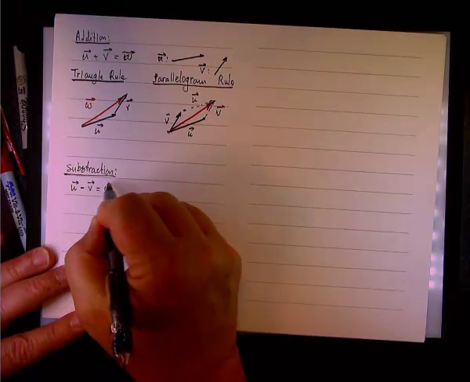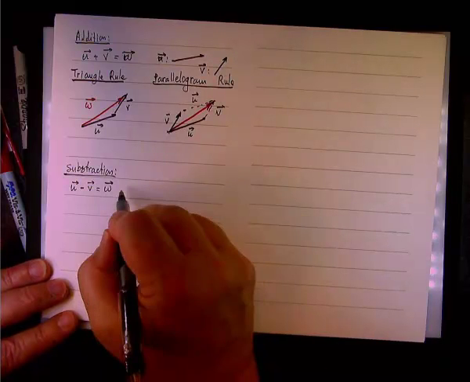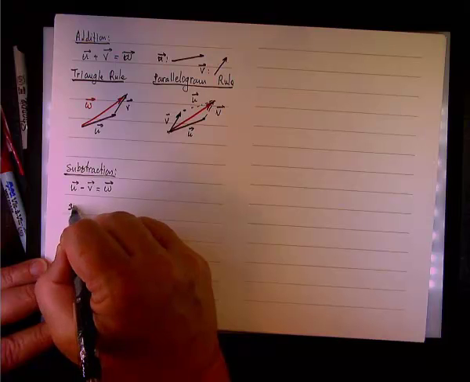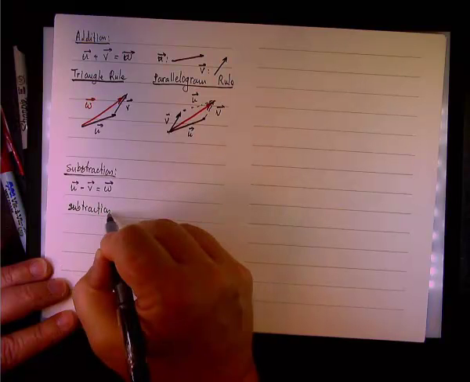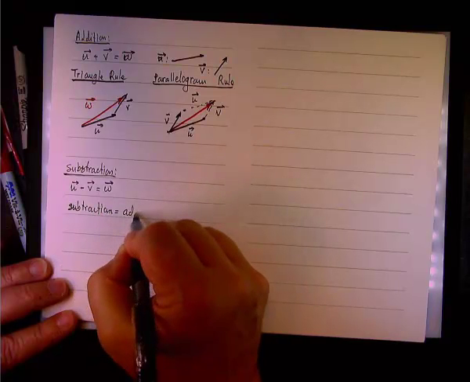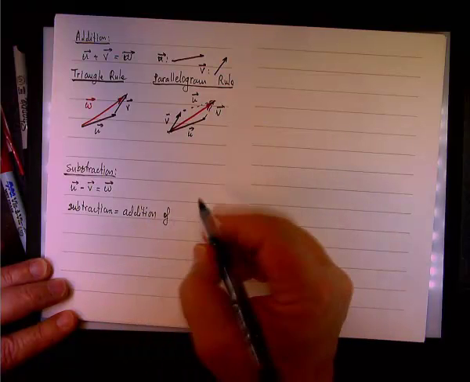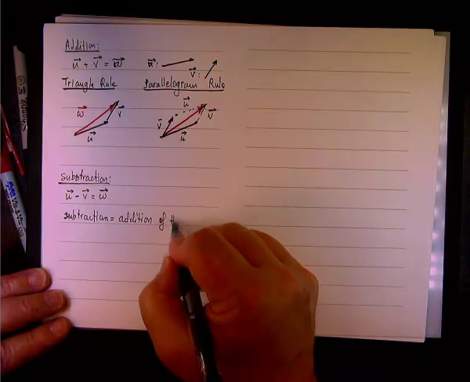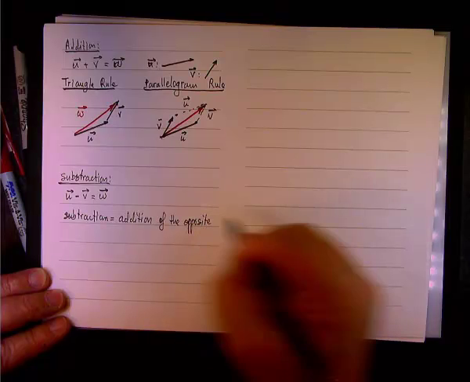Subtraction is similar to what we had before. Vector u minus vector v gives you a vector w, like so. The way to do it, we can write subtraction as addition of the opposite vector.